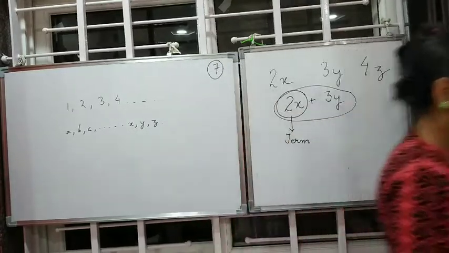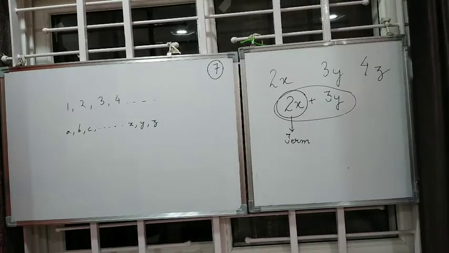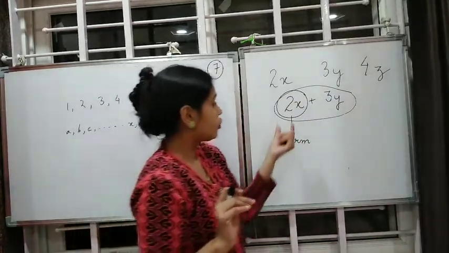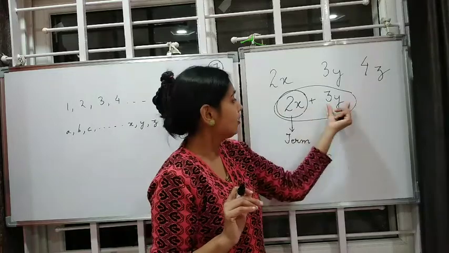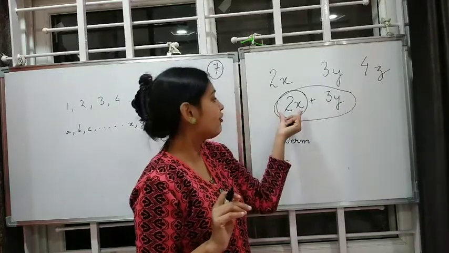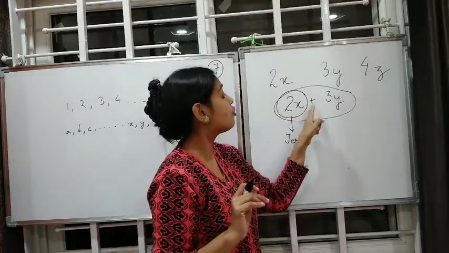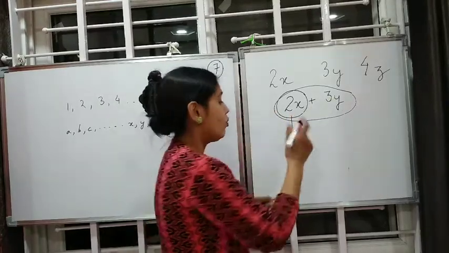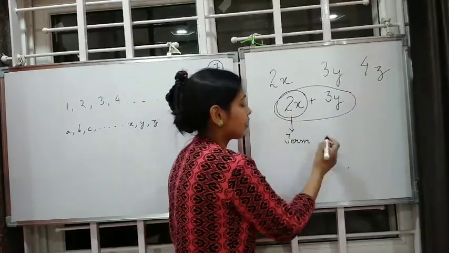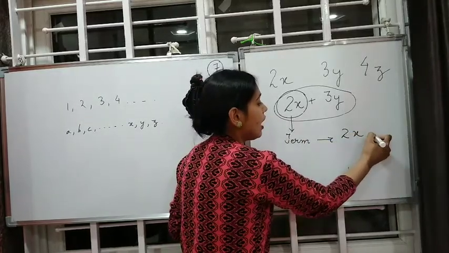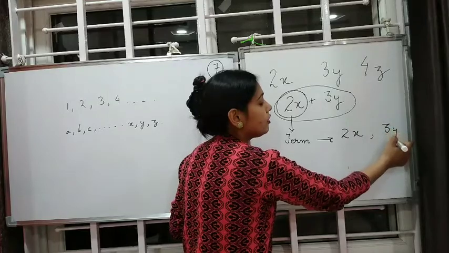Children, this is one term and this is another term. If we talk about the terms of the algebraic expression 2x plus 3y, then the terms of this algebraic expression are 2x and 3y.